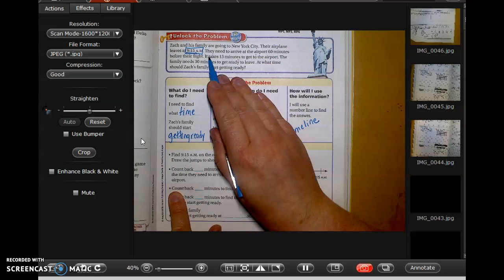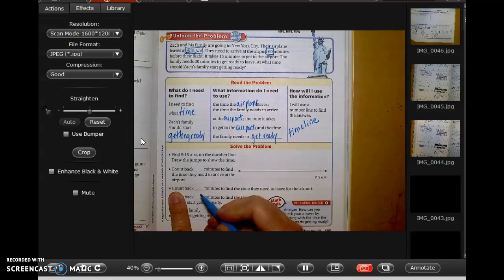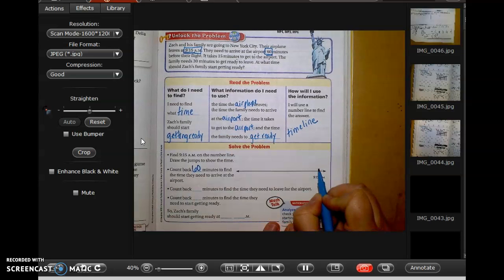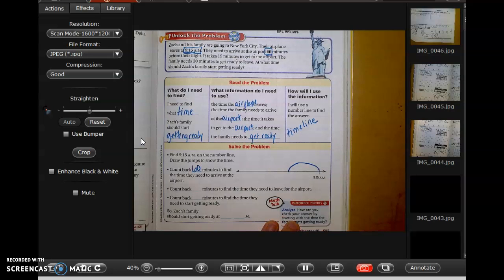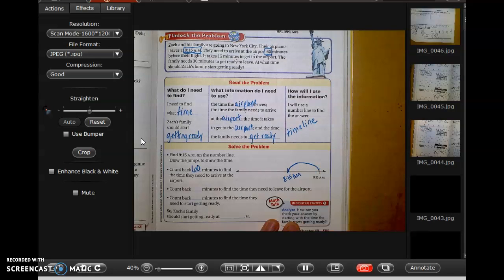So it says they need to arrive at the airport 60 minutes before their flight. So we're going to jump back 60. If we take one big 60-minute jump, we know 60 minutes is 1 hour. So that's going to take us right to 8:15. Still a.m. We have not crossed a noon or a midnight.